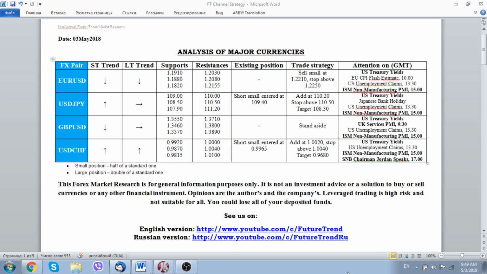And from that point of view, we decided to still keep our short trade recommendation in the dollar Swiss as well as in the dollar yen. Probably the sterling should already be ripe for a correction, because, as you know, in the middle of April, the cable traded around the levels of 143.77, the maximum, the highs of this year.